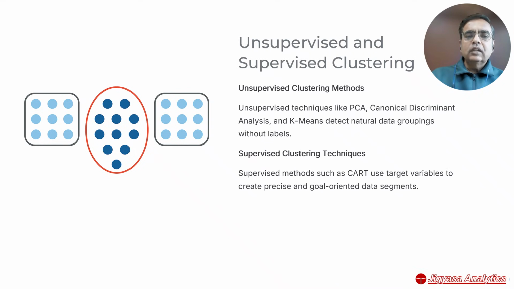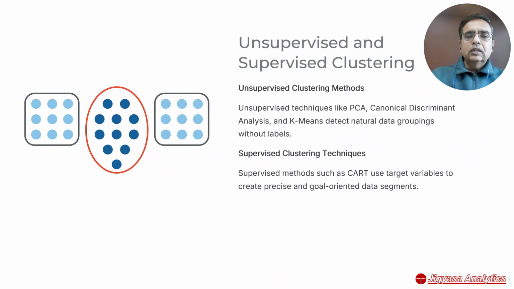as opposed to supervised clustering, which is a little different, where you have a goal. It might be, for example, default, or could be anything else. And what you are doing is you are finding clusters in the data based on that goal.